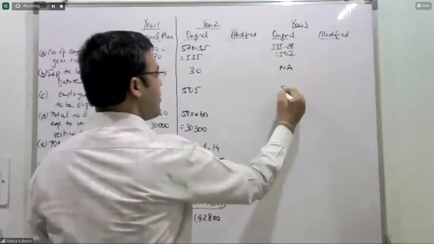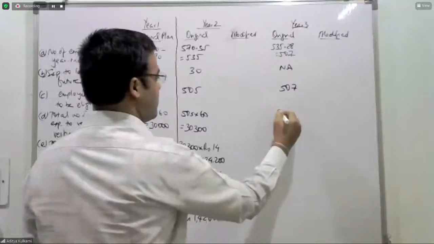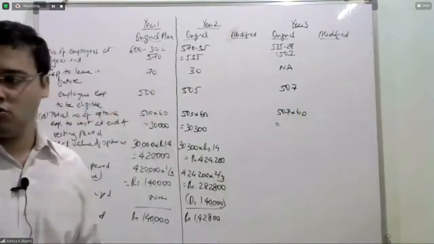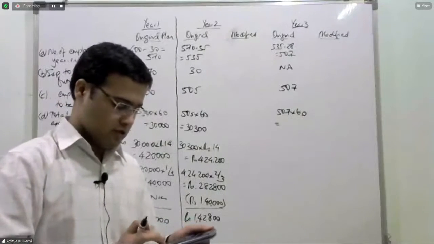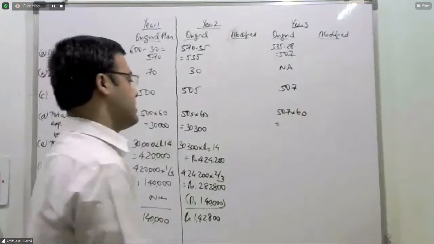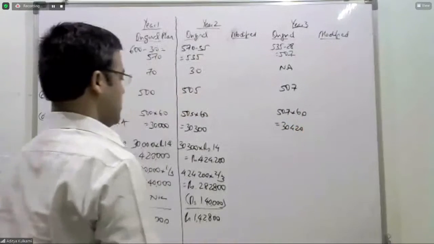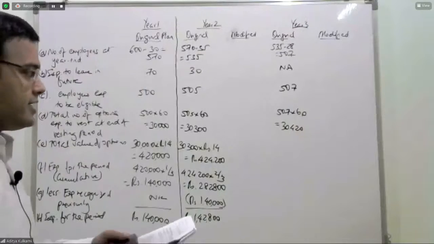So how many employees are getting? 507. So 507 into 60. This is the number in whom the options have crystallized. So 507 into 60, 30,420 options.